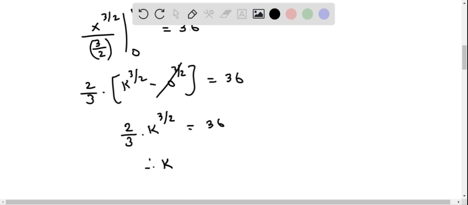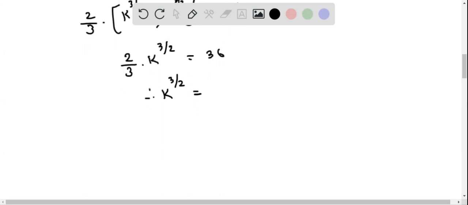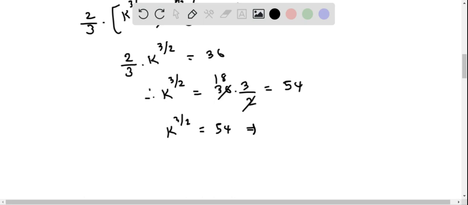Therefore k to the power 3 by 2 equals 36 times 3 divided by 2, which is 18 times 3, or 54.